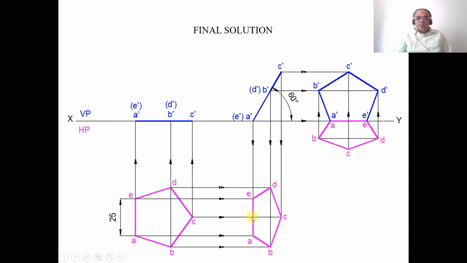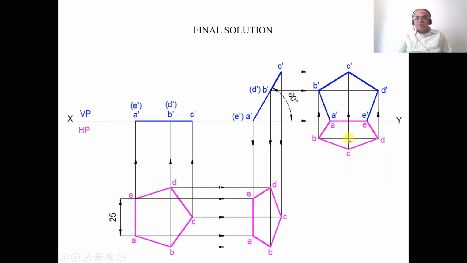Then measure the distance from this point to this line here, to this point, and transfer it from here to this point. Then draw a horizontal line perpendicular to this vertical line, and then you measure the distance from this point to B and also from this point to D. Both will have equal distances.